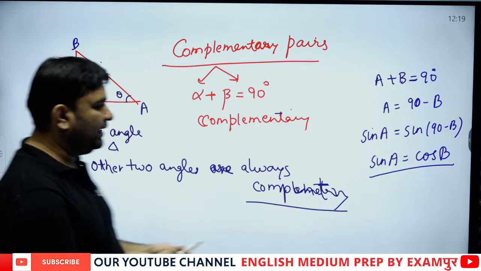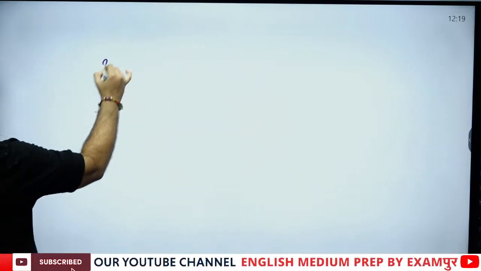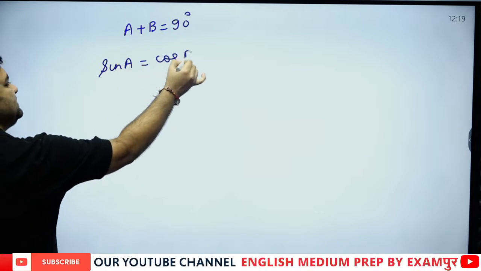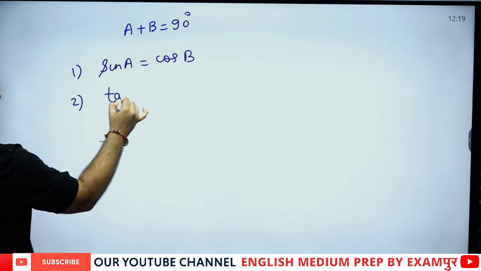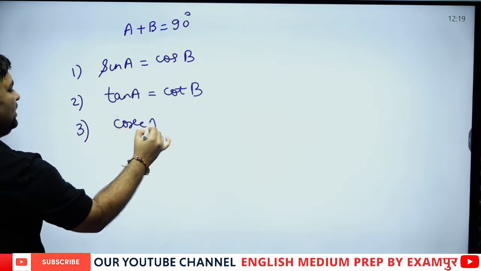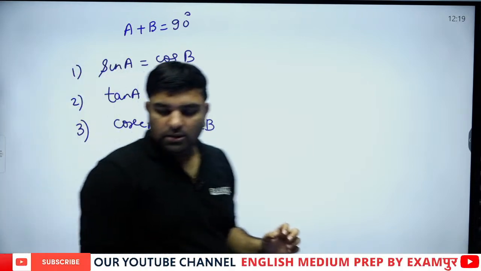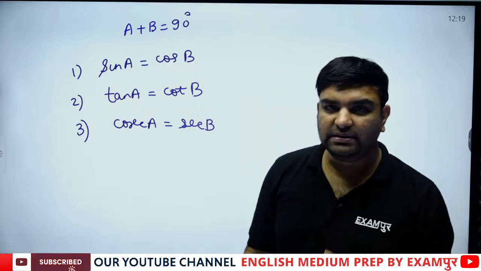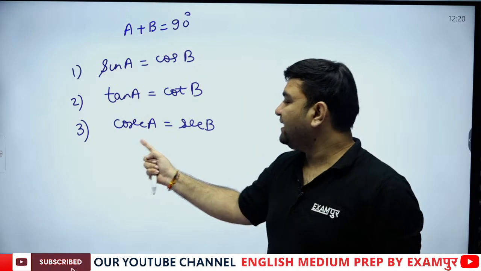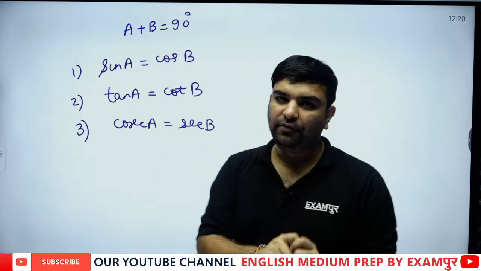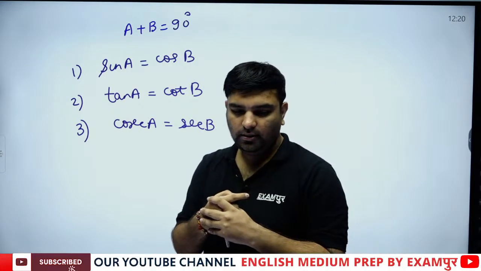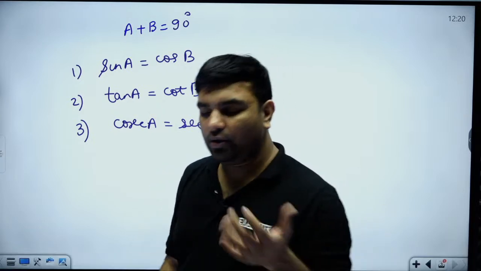Now I will write down the conditions which would be true if angles are complementary. First, sin A would be equal to cos B. Secondly, tan A is equal to cot B. And thirdly, cosec A is equal to sec B. Sin cos, tan cot, and cosec sec are complementary pairs.